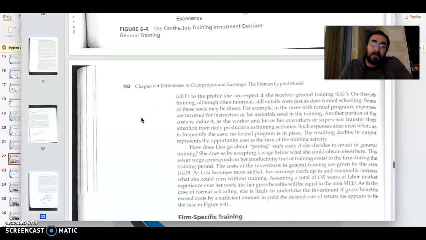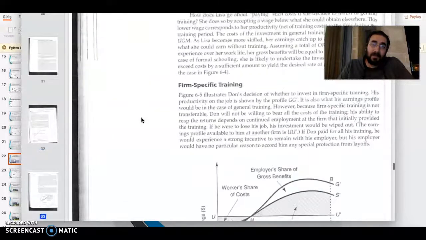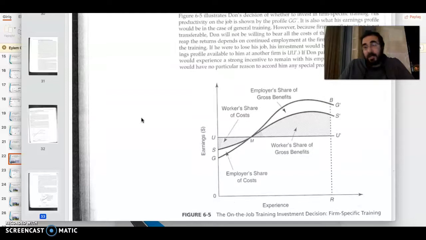So the first part is very similar to education, only there's no breakpoint, and then you have this part. You might have specific training. That specific training can be used only in the company you are working in.